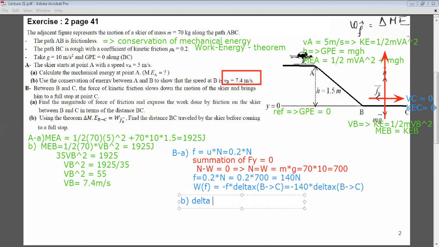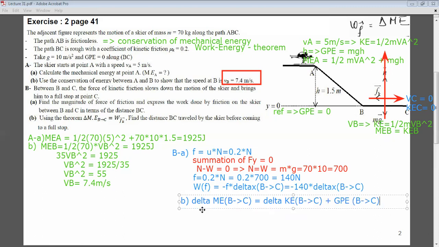delta mechanical energy from B to C equal delta kinetic energy from B to C plus gravitational potential energy from B to C. If there is a spring, there will also be EPE from B to C. Okay, but we don't have a spring.